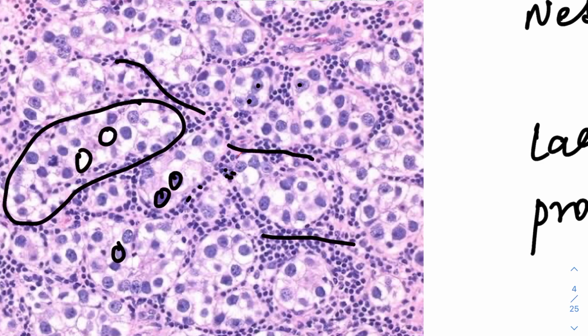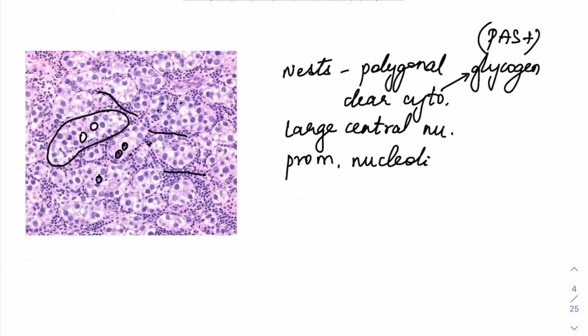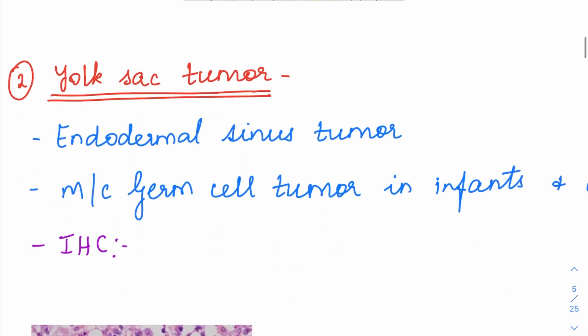These are all lymphocytes. So these are all the classical constellation of seminoma. Usually they are present in nests, and the cells are polyhedral with clear cytoplasm due to the presence of glycogen. The nucleus is going to be central with prominent nucleoli, and the fibrous septae separating the nests are going to contain lymphocytes. So these form the classical features of seminoma.